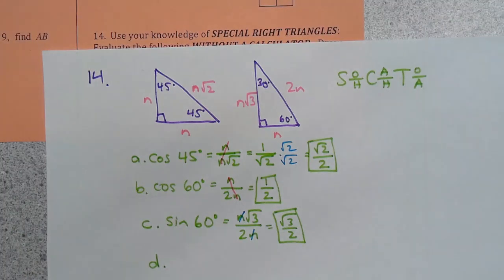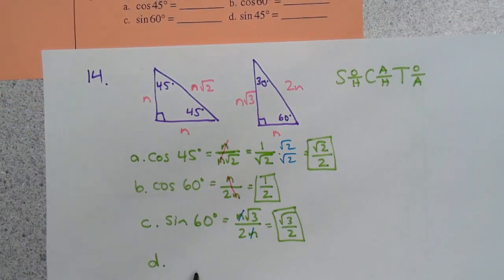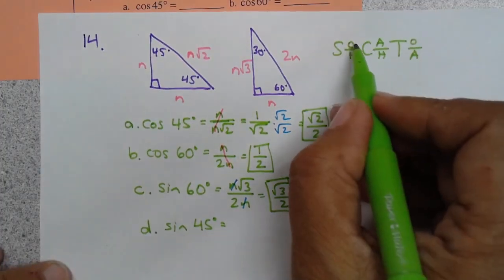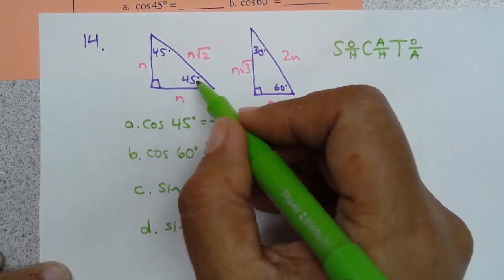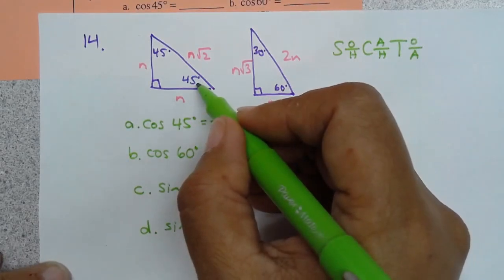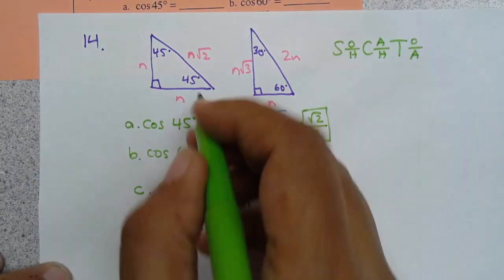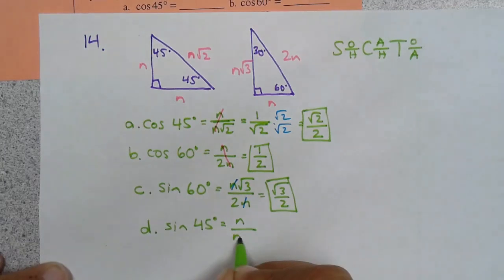And then the last one is asking for sine of 45 degrees. Remember that sine is opposite over hypotenuse, and it doesn't matter which of these two reference angles you use. So let's say I use this 45. I want opposite, which is n, and the hypotenuse is n root 2.